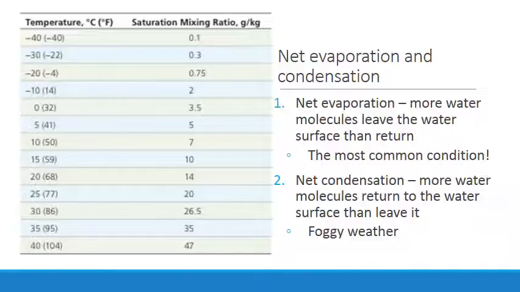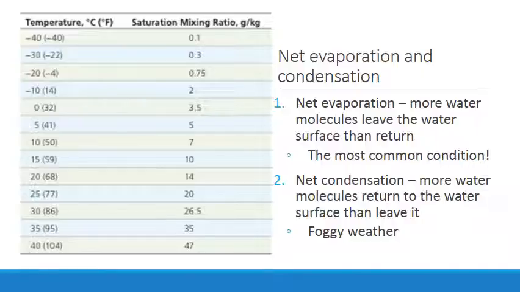This table shows the amount of water vapor needed to saturate 1 kilogram of dry air at a range of different temperatures. And you can see from looking at this data that for every 10 degrees C increase in temperature, the amount of water vapor needed for saturation almost doubles.